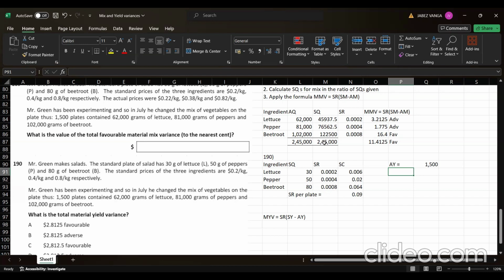The total actual quantity equated to total standard quantity, with 245,000 grams of total quantity, how many plates can be made? That's the logic. Now let's calculate what is standard yield.